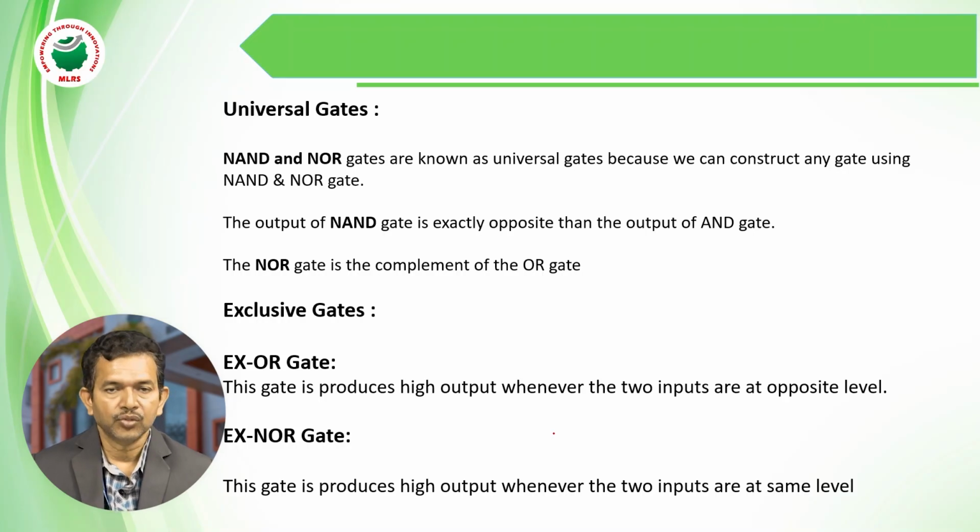Next, if we go to the exclusive gates, we have two types, XOR and XNOR. So how is XOR constructed and how is XNOR constructed? The XOR gate produces a high output whenever the two inputs are at opposite levels. That is the contrast. The same thing with the XNOR gate: it produces a high output whenever the two inputs are at the same level.